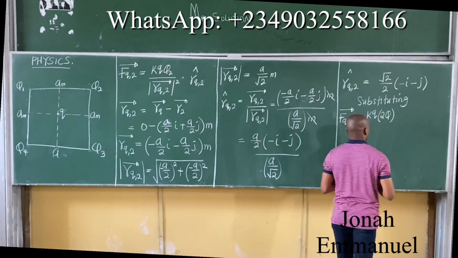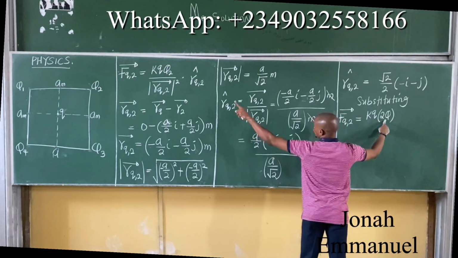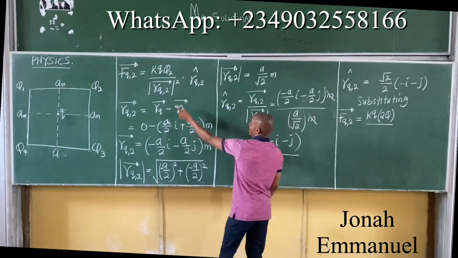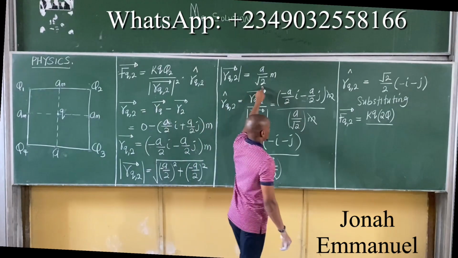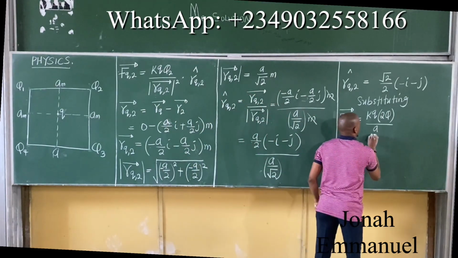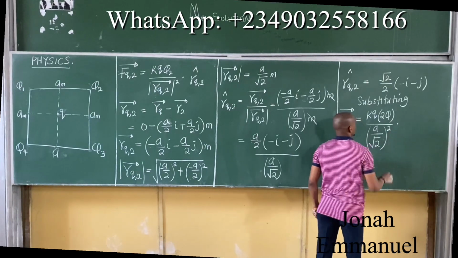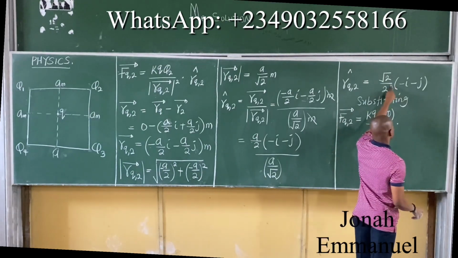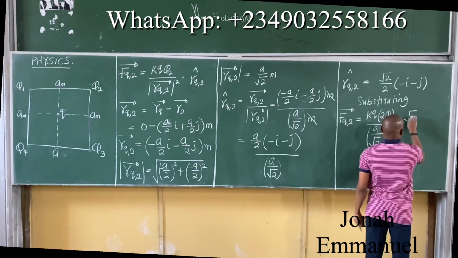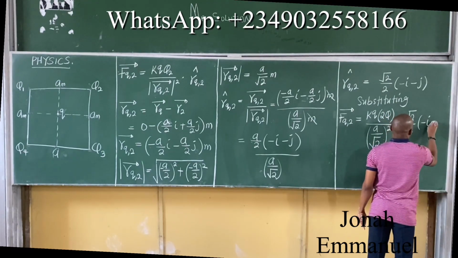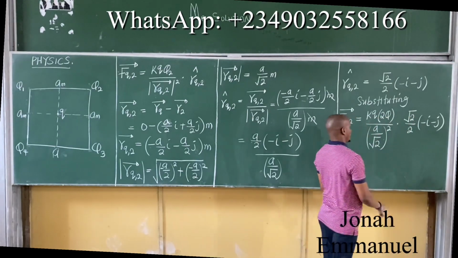So KQ, Q2 was 2Q, all over the magnitude, which is this. That becomes a all over root 2 all squared dot unit vector, which is this. That gives us root 2 all over 2 into minus i minus j. So we have this.